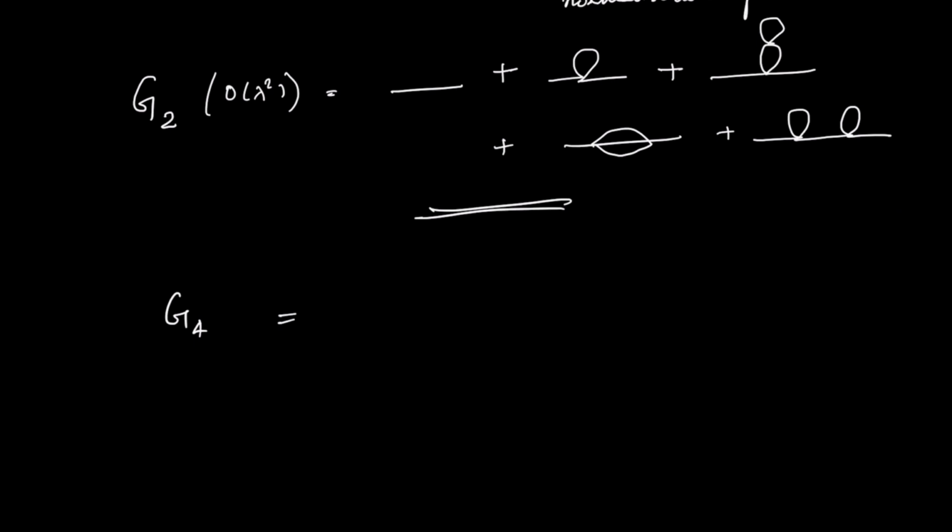Initially there is no interaction, so in the 4-point function, no interaction can be represented like this.